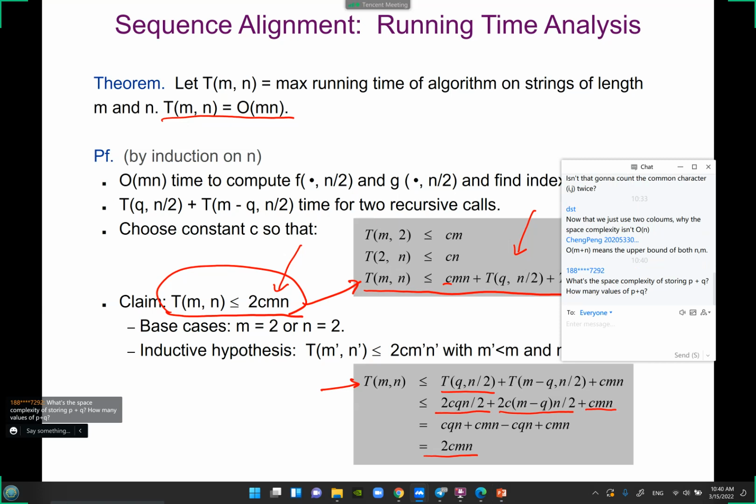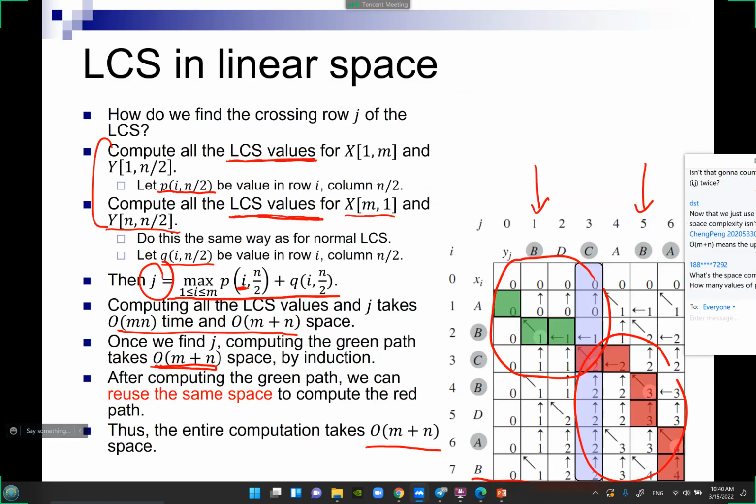What's the space complexity? We're showing p plus q. Oh, well, what you need to do in the previous step is you just need to store the final column of p and q. So you need to store all of these values.